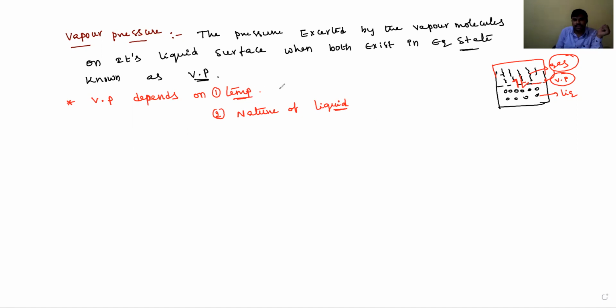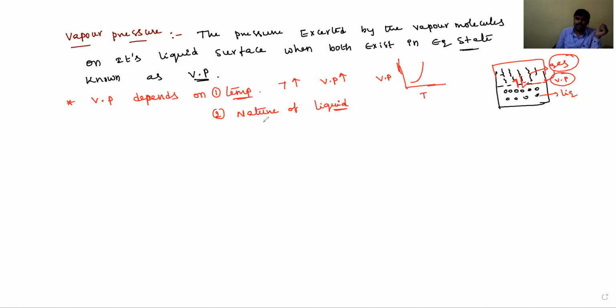Temperature effect: if temperature increases, the vapor pressure increases. So the graph will come like this. The vapor pressure increases with increasing temperature.